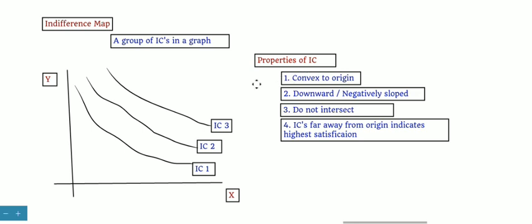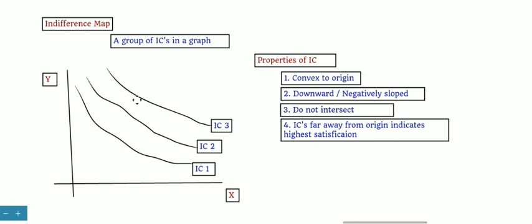Here the indifference curves are convex to the origin. So they are convex to the origin. By the graph we can see that they look concave, but when we see from the origin it is convex. So indifference curves are always convex to the origin, and they are downward or negatively sloped.